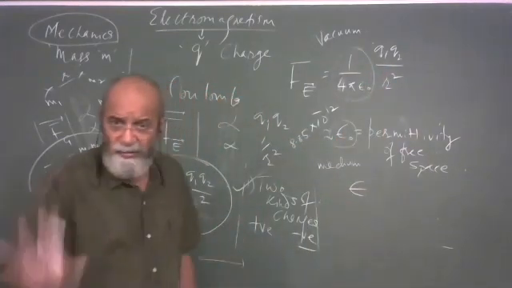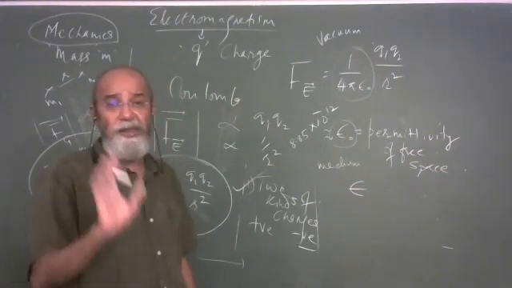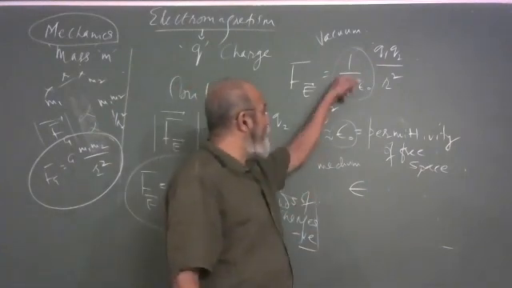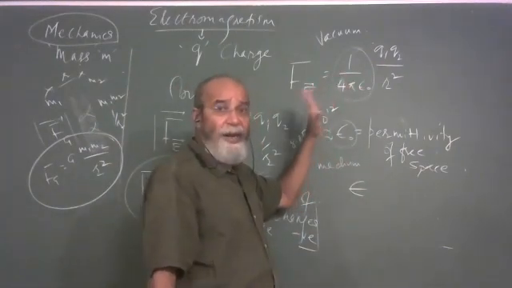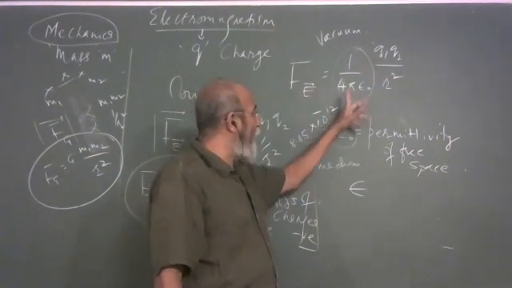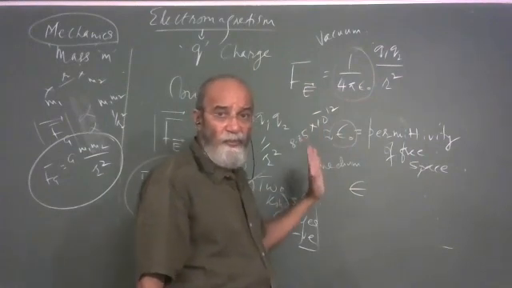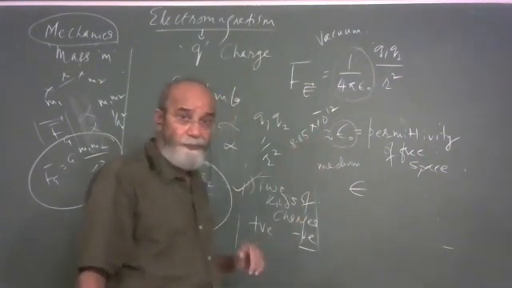It doesn't matter. It's not important. Just understand that in the international system of units, this whole thing takes the value 9 into 10 raised to 9, and the permittivity, the epsilon naught, has this approximate value. You don't have to know it. After some time, you remember it.